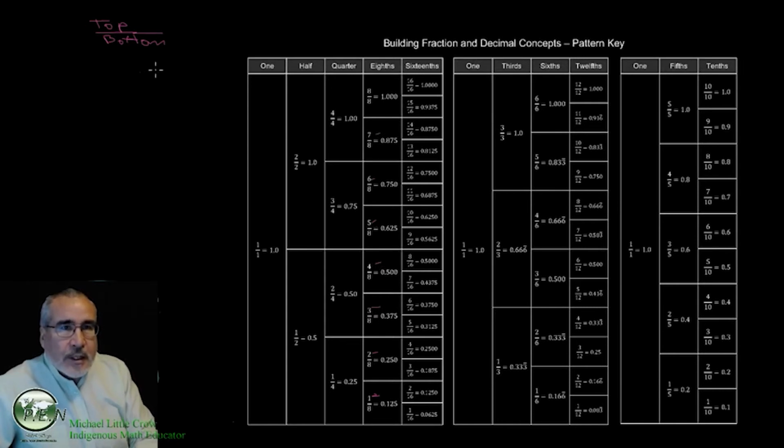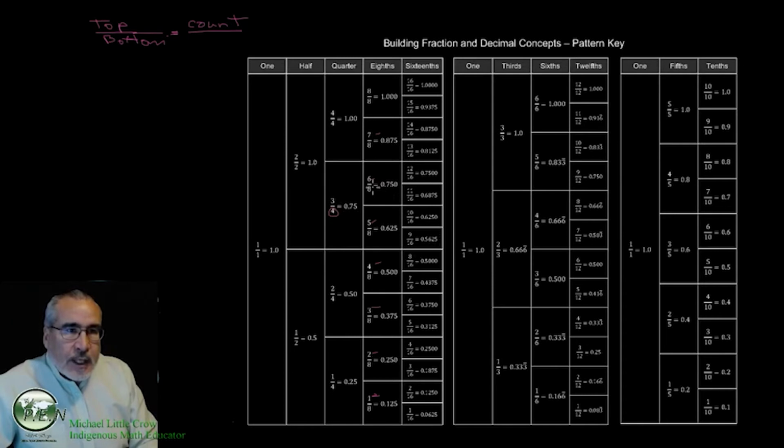So the top is a count of how many we have, while the bottom serves a different purpose. While it's a number of divisions, what we really want to think of the bottom as representing is the size of the piece.